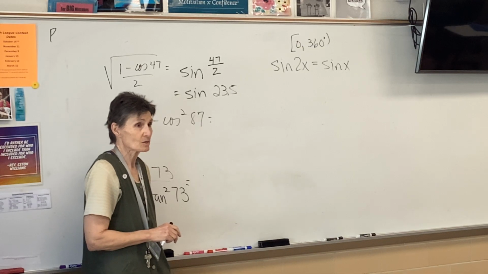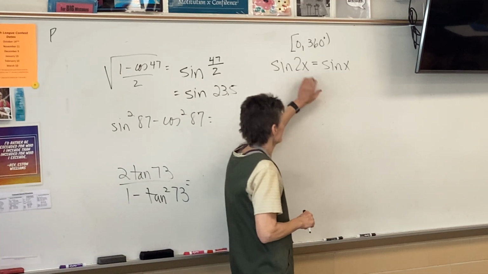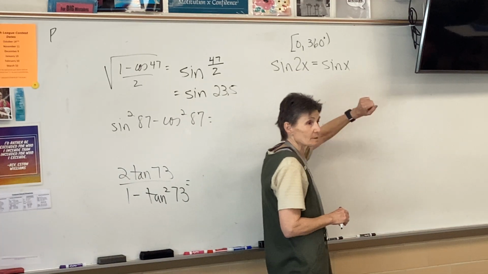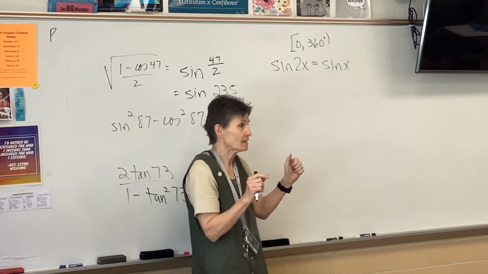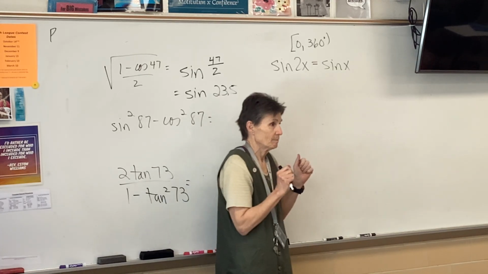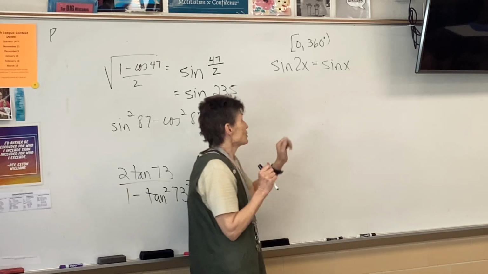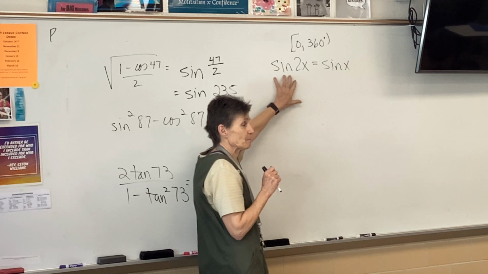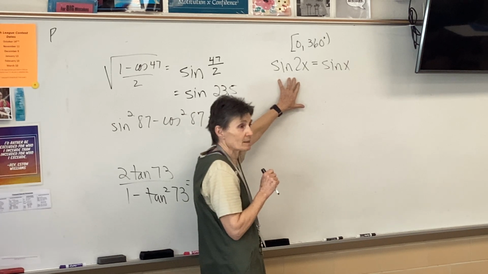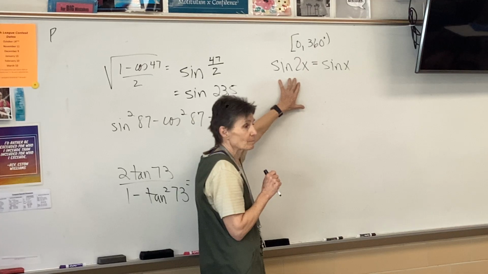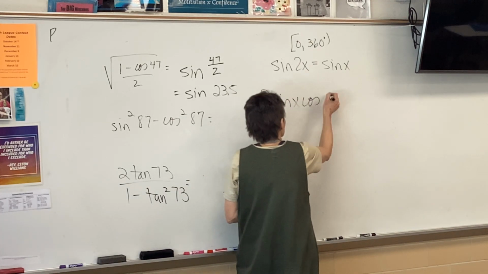Problem is not solvable when there is a 2x and a 1x. Okay? You can't do it. It's like having P's and Q's, right? You gotta make them all the same in order to solve it. So look on your sheet. What does it say about sine 2x? 2 sine cosine.